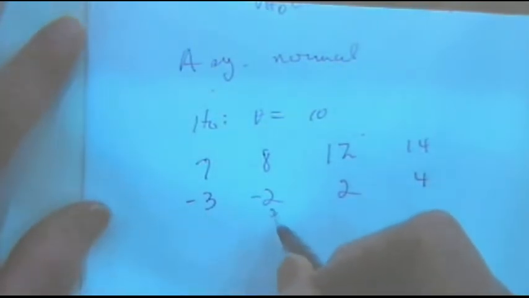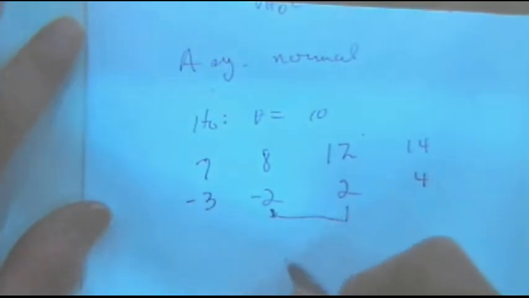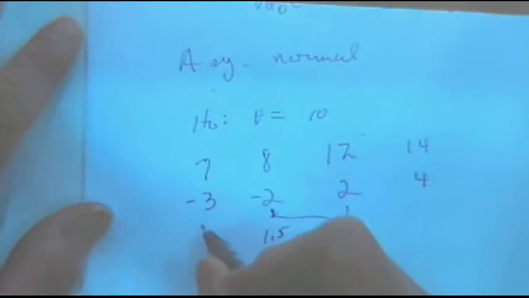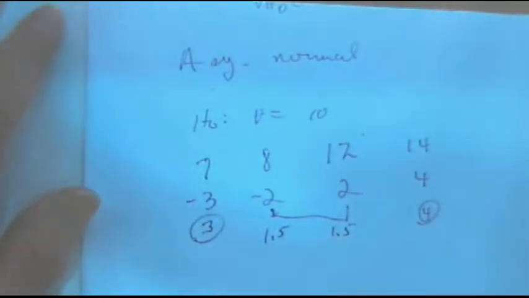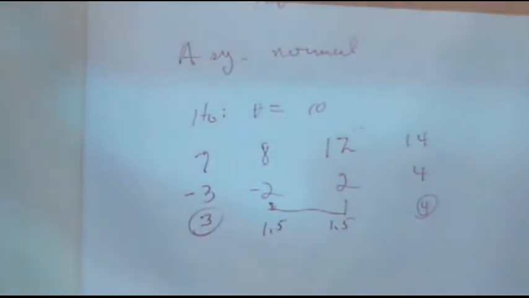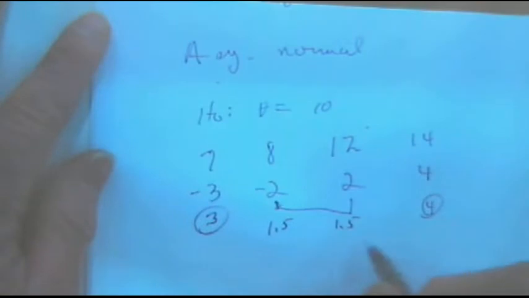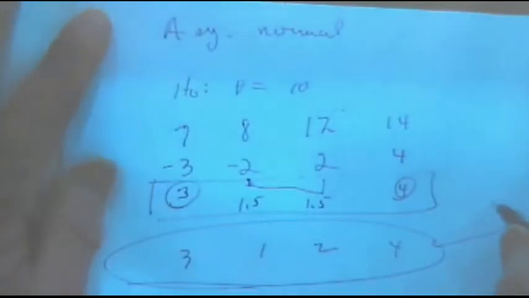So we usually split the ranks 1 and 2, right? You assign each of these 1.5. And this one we rank 3. This one we rank 4. Then you've lost some variation. If you didn't have to do this splitting, you would have 1, 2, 3, and 4, and there's more variation in these numbers than there is in these numbers.